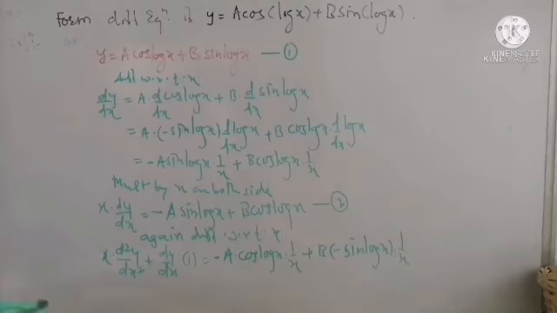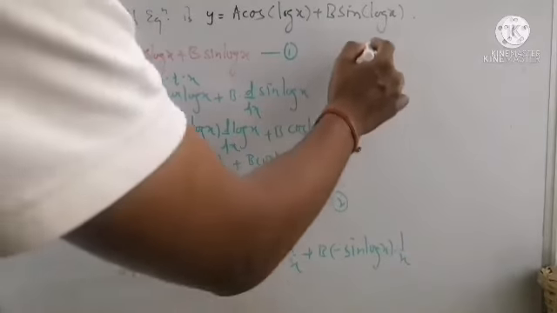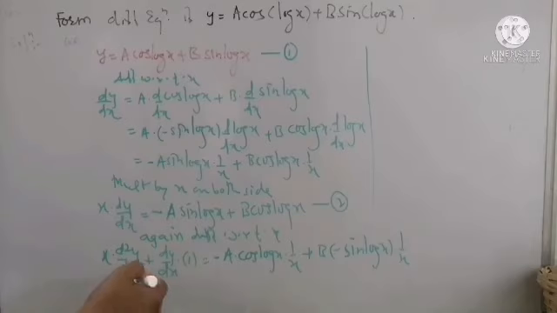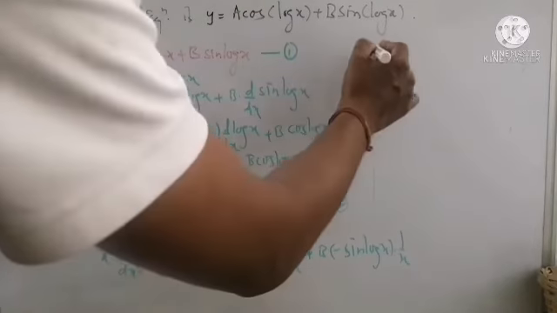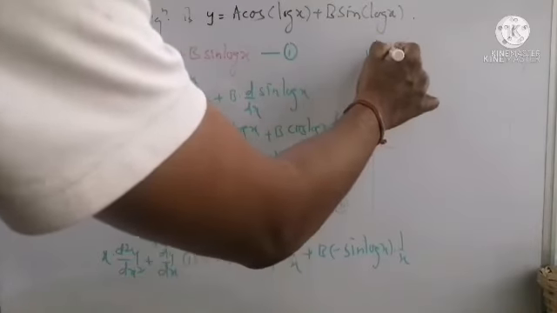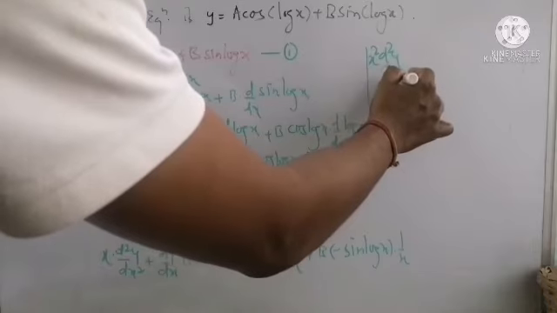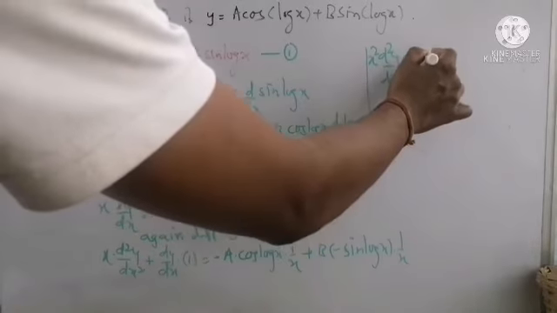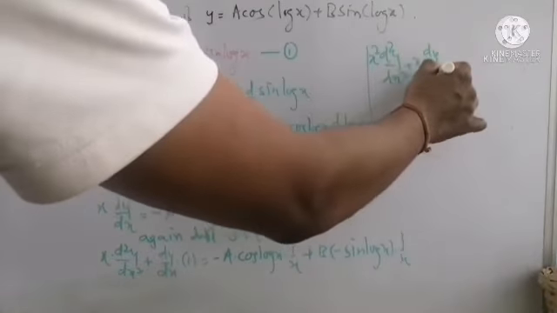Again we can multiply this expression by x, to each term, to simplify this. So multiplying x on the left hand side with two terms, in the first term we get x square into d square y by dx square, and in the second term we get only x into dy by dx.